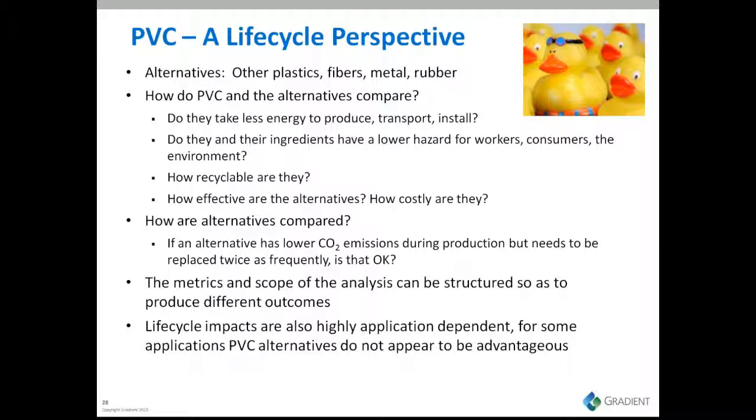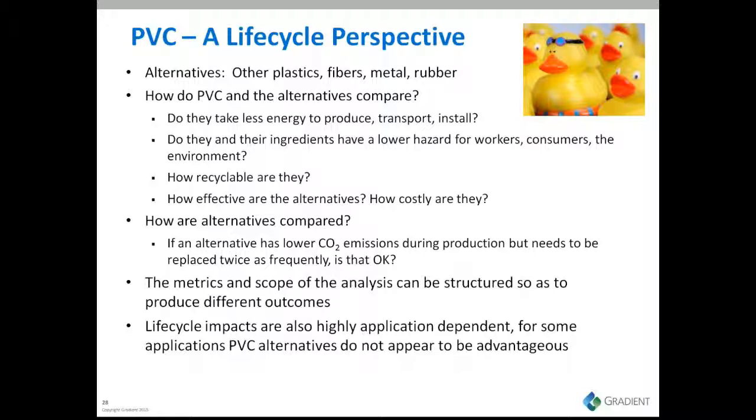Perhaps not. And what you find when you look through the PVC life cycle assessments, looking at the impacts of these materials, is that the metrics and scope of the analysis can be constrained and manipulated in such a way that different outcomes are certainly possible. It's also true that the life cycle impacts are highly application dependent, and so for some applications, PVC alternatives do not appear to be advantageous.